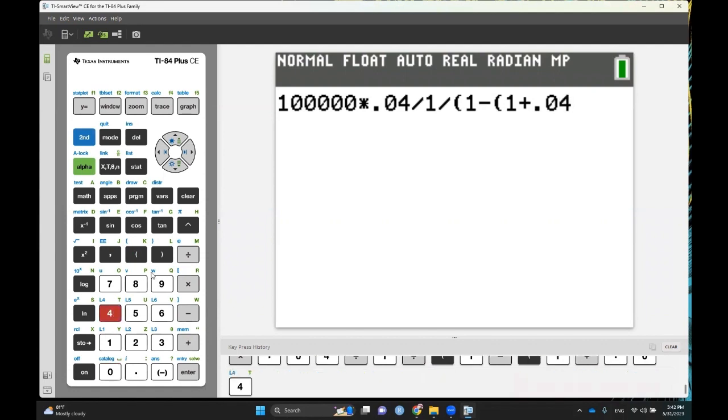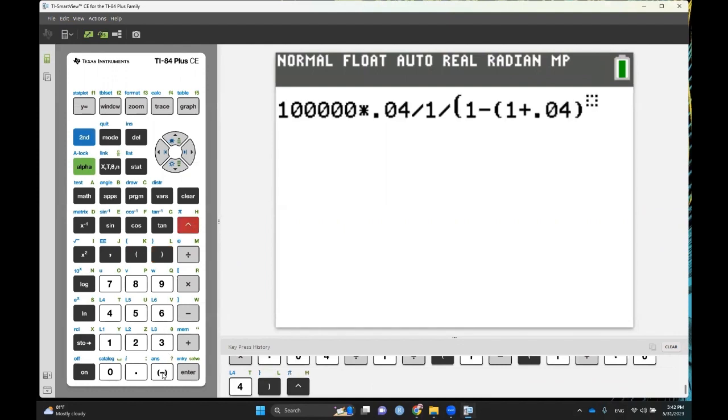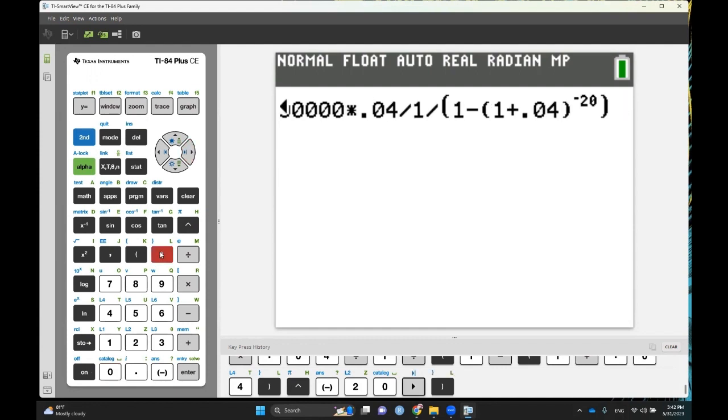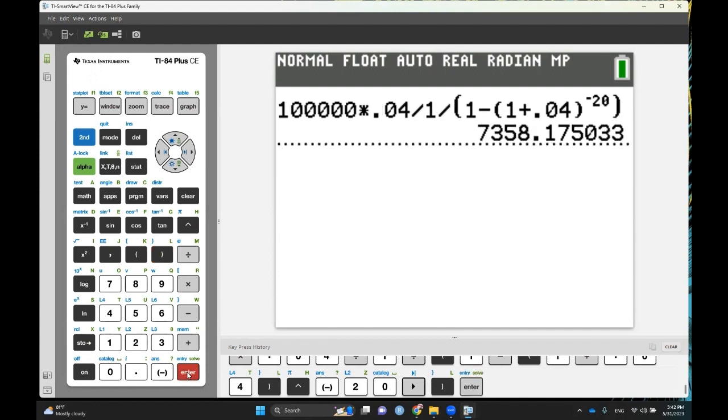I don't do that. And then close the inner parentheses, raised to negative 20 times 1 power. This is a negative sign, negative 20 times 1. I know it's going to be the same, so I just ignore times 1, and then bring my cursor back to the normal position, close the denominator's outer parentheses, and press enter. That's my answer.